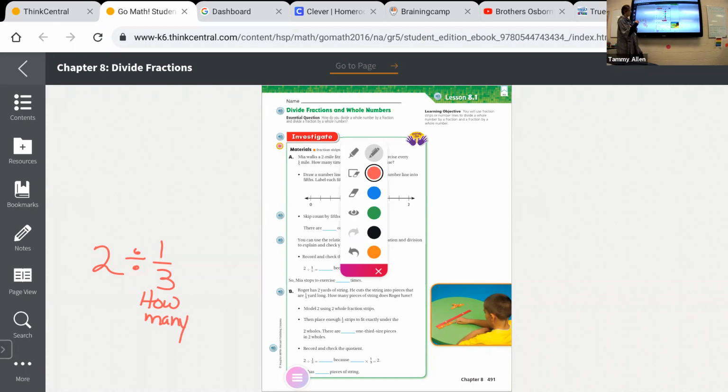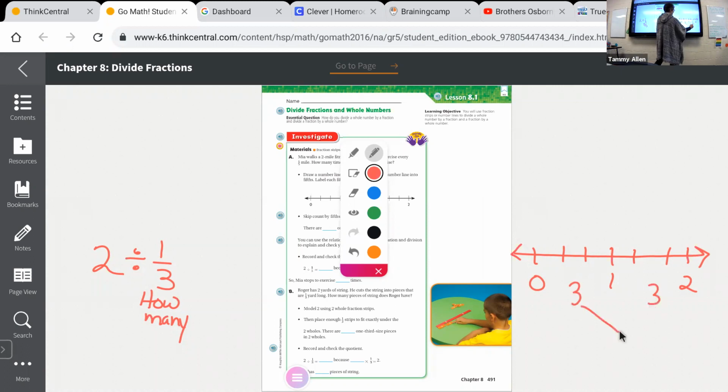right? If we do a number line, between the 0 and the 1, how many equal spaces will I need? How many? 3. How many equal spaces will I need between the 1 and the 2? So I have 3 equal spaces here, 3 equal spaces here for a total of 6 equal spaces.